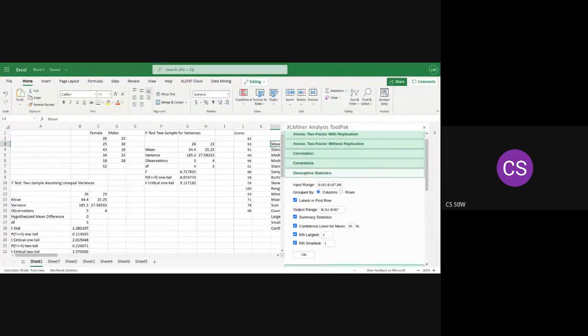The alternative hypothesis is that the variances are not equal. So we shall be able to compare that and see if we reject the hypothesis or we accept the hypothesis.